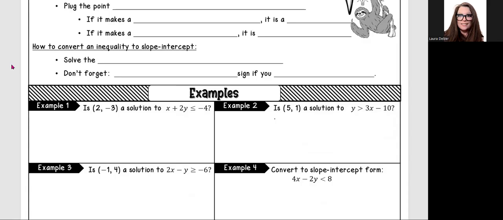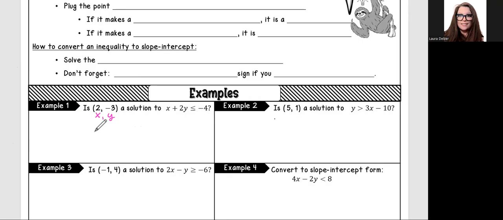Is this point a solution to this inequality? How we know is we plug it in. Don't forget that when we write our points, we write them in x, y format. So that 2 is my x and that -3 is my y.